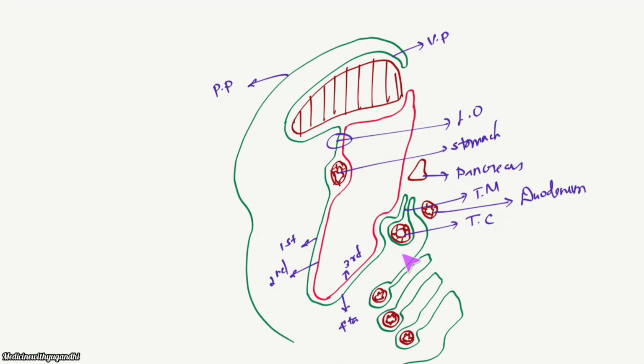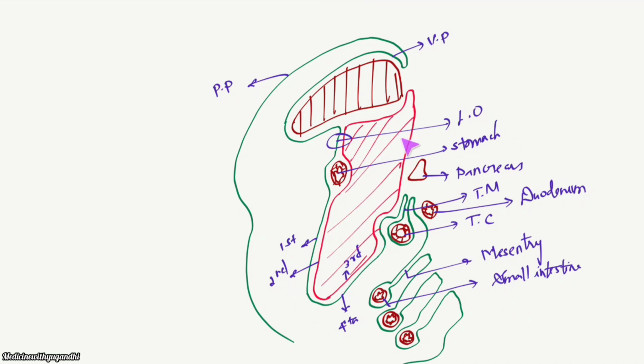Then the peritoneum suspending the small intestine is called the mesentery, and these are the small intestine. And then the entire portion behind the stomach is called the lesser sac.